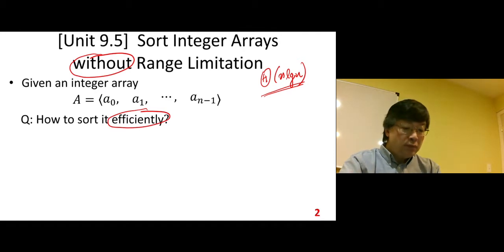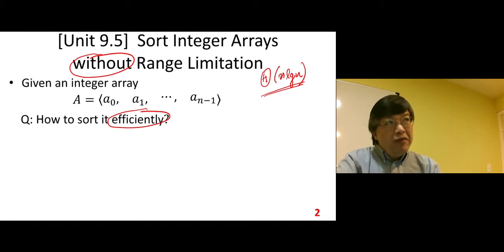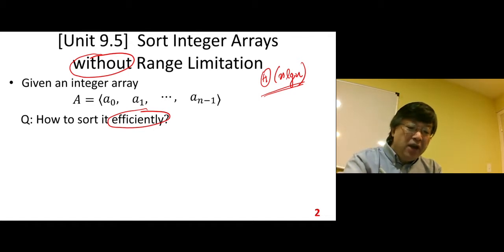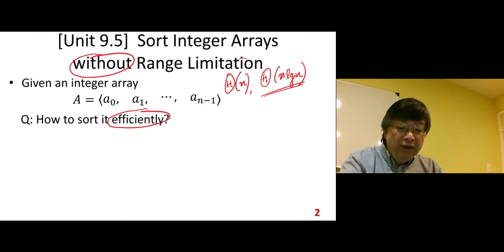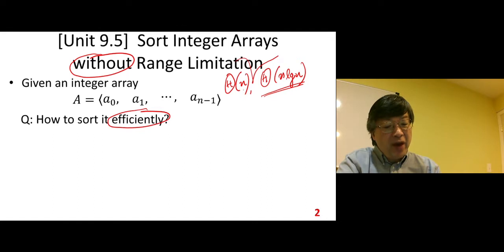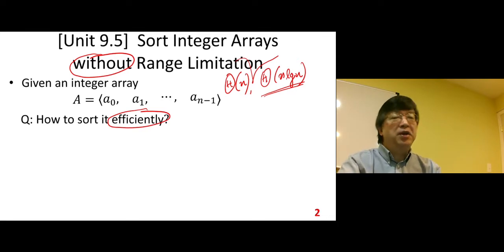But how much better should we expect? Definitely we cannot expect to get as good as linear. So the result should be somewhere between these two: worse than big theta of n and better than big theta of n log n. That's our expectation.